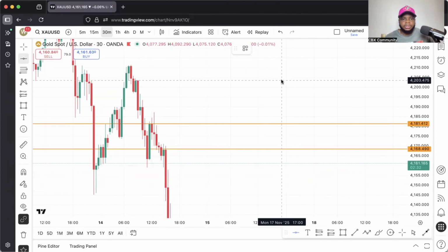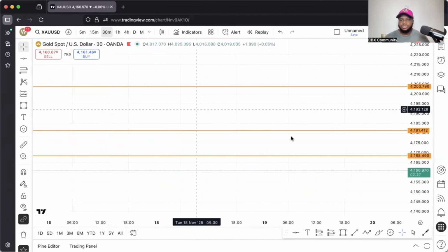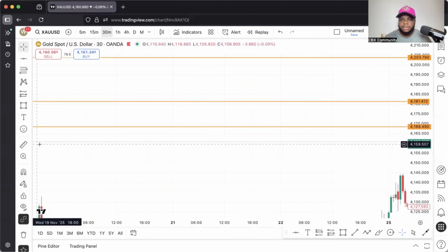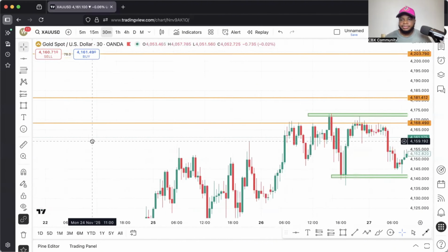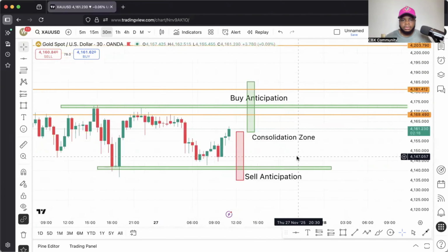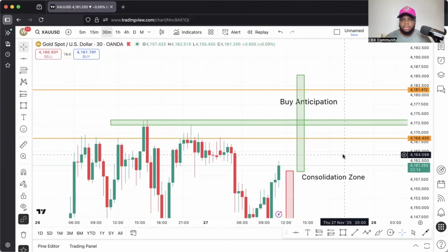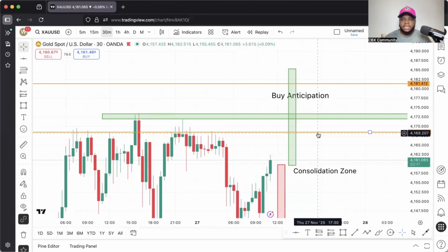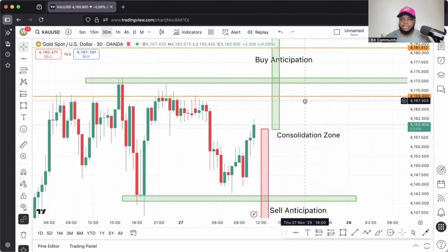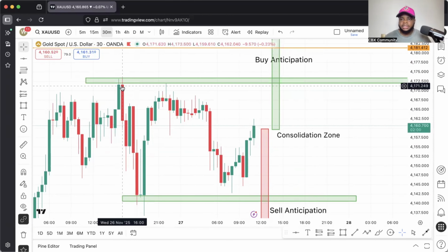Let's go back to the recent market structure. Since we have a resistance zone over here, and this resistance zone is in this consolidation zone, let's delete this line. We don't need this line since this is the recent resistance zone.